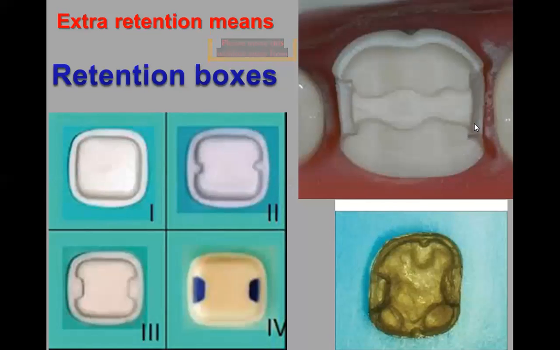If you look, you can do mesial and distal boxes, or we can add an occlusal feature, just like in a class 1 preparation. We call it an intracoronal feature, and it will join the mesial and distal boxes to increase the retention of the prepared crown or prepared restoration. These are extra retentive means to increase the retention, right?